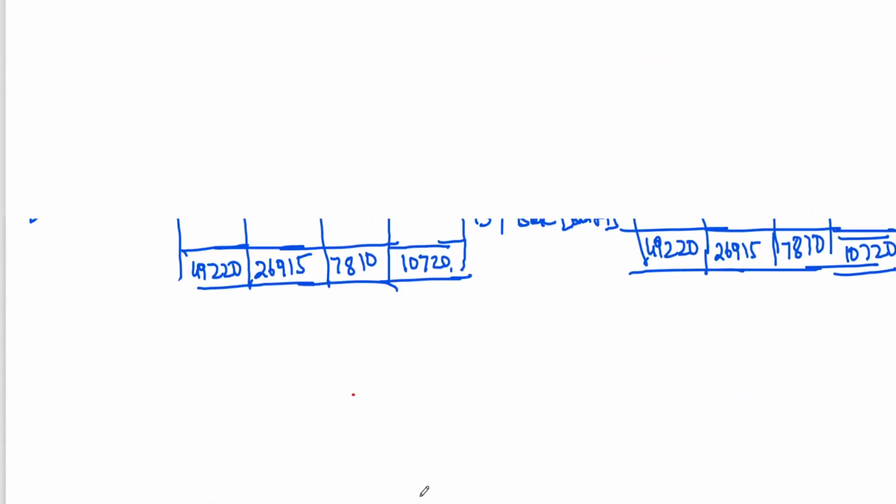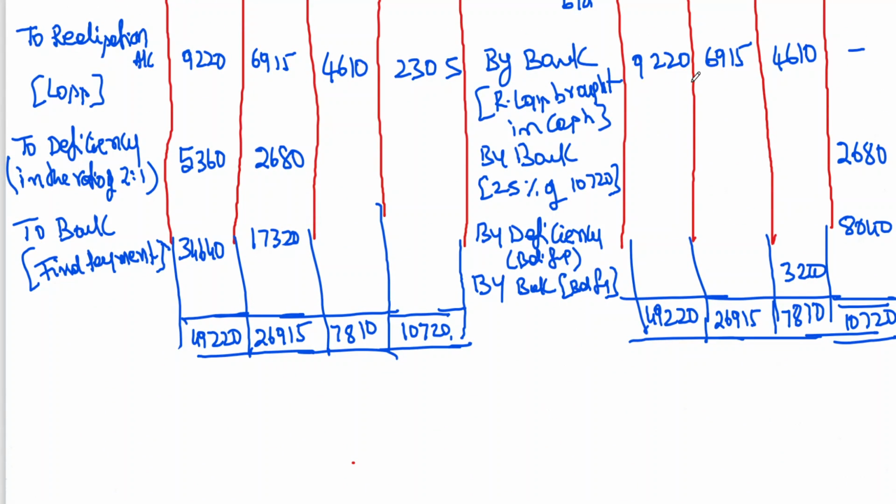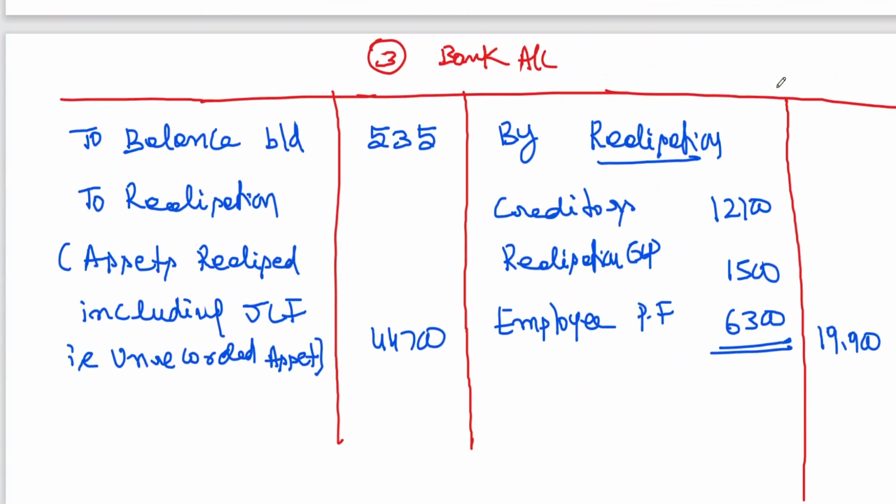Now let us look at the bank account. Bank account: 9,220, 6,915, 4,610. They brought the cash now.